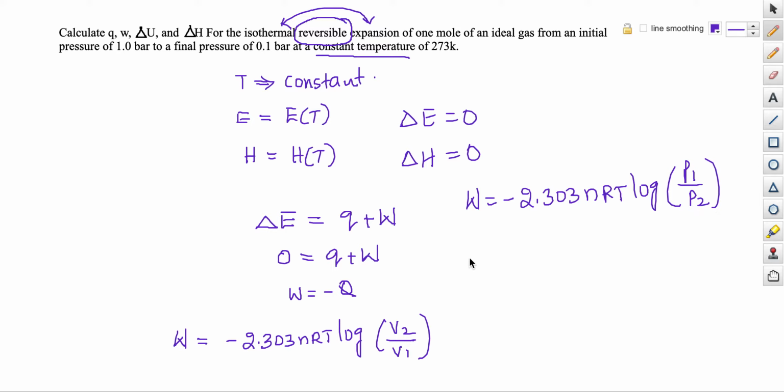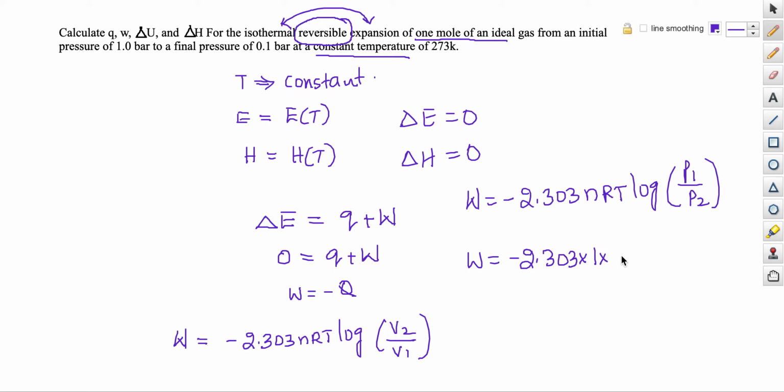Now let's substitute here. W is equal to negative 2.303. How many moles of the gas was there? Here it is 1 mole. And let's take the R factor. If we report energy in joules, R should be taken as 8.314. If we report energy in calories, R must be taken as 2 calories per degree per mole.